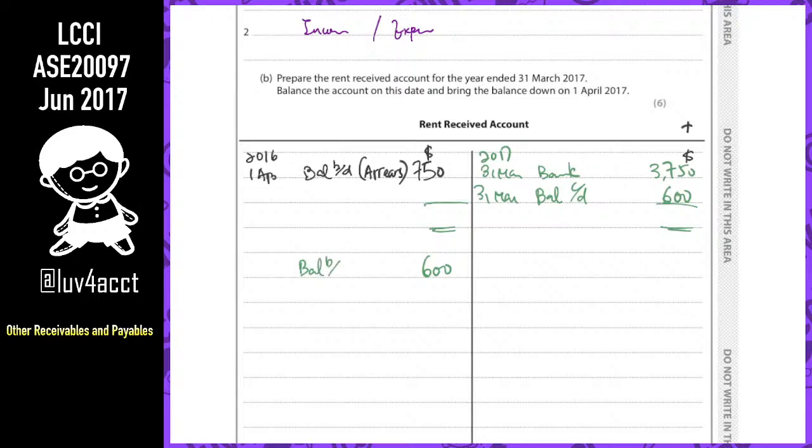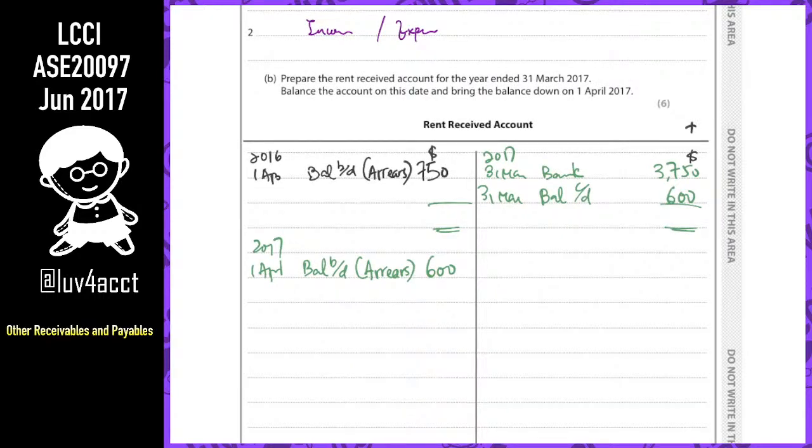Balance brought down. Again, it is income in arrears, 1st of April, year 2017. Okay, so the remaining item is the transfer to profit or loss account. So 3750 plus 600 minus 750, that would be 3600. Statement of profit or loss.